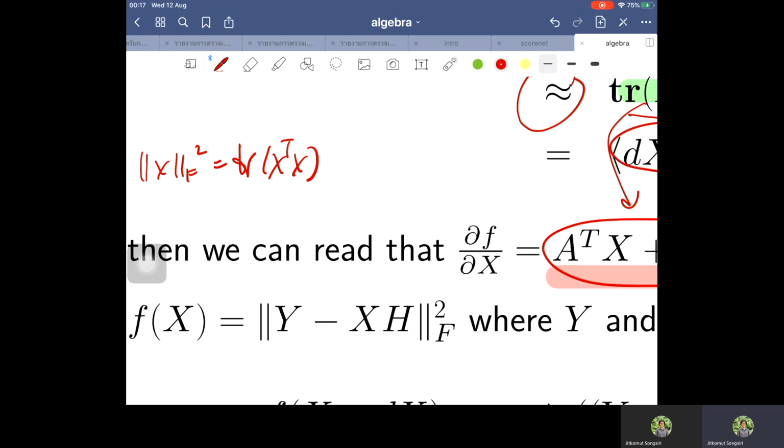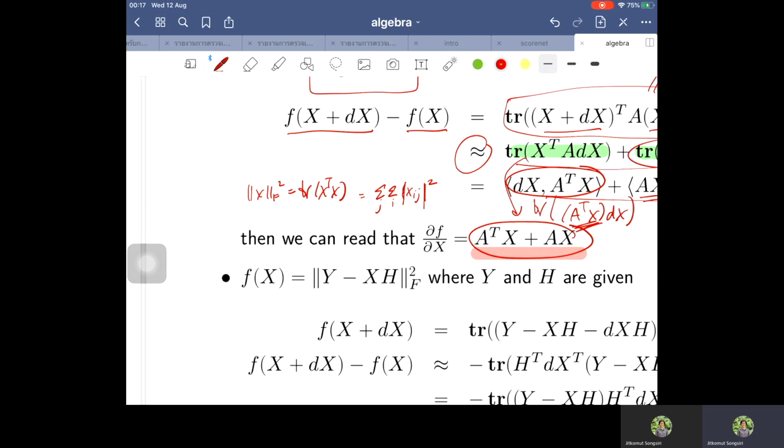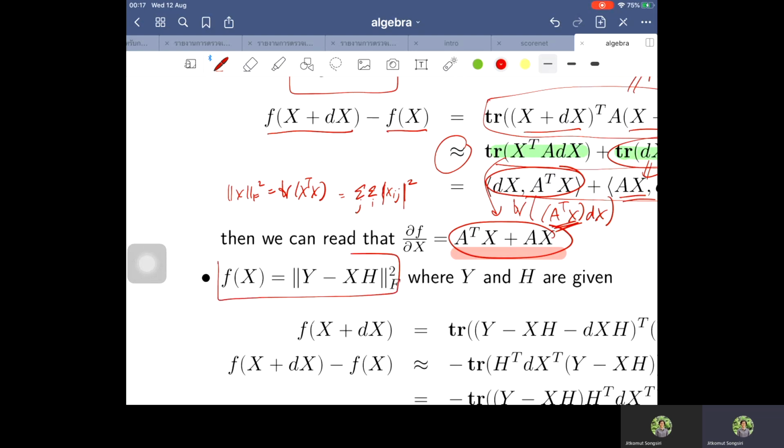You take all the entries xij, square them, and just sum the squares of all the entries. It's a generalization of the two norm to a matrix. Now, given this function, can you find the Jacobian matrix with respect to x?